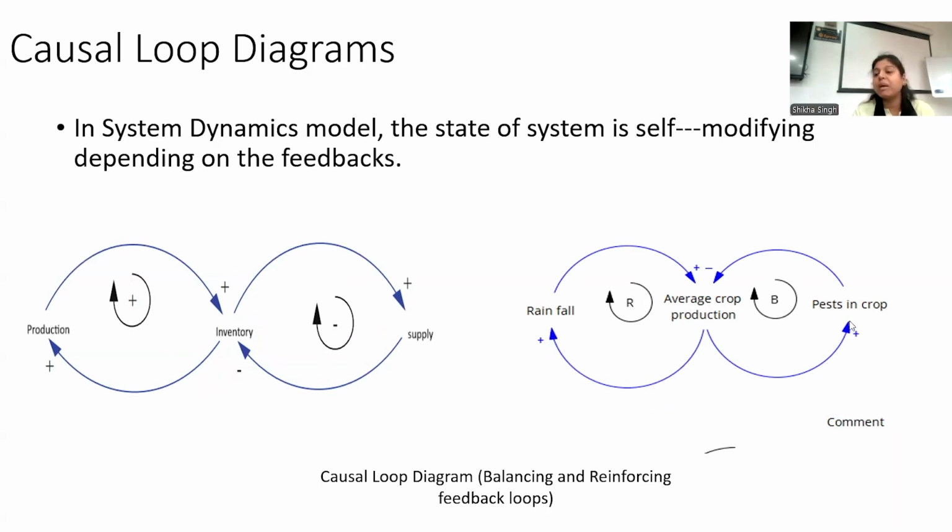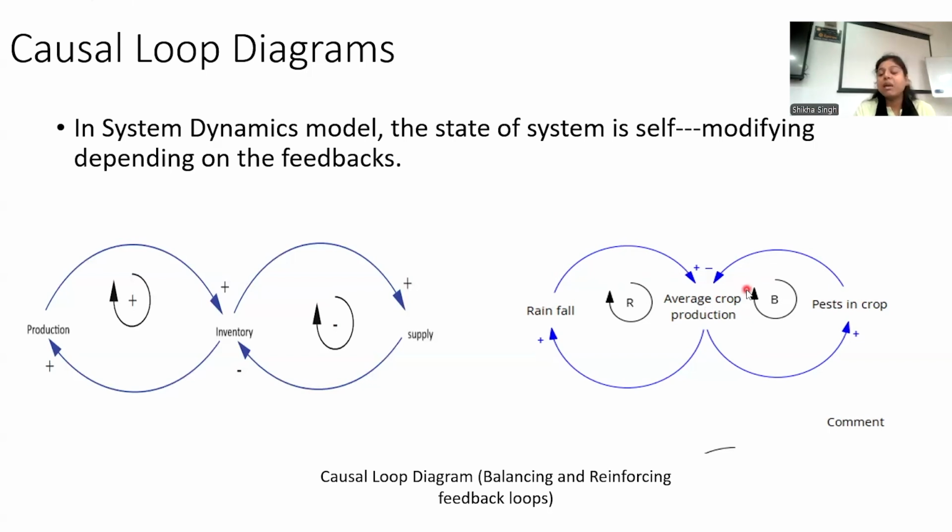And when there are more pests, it will be negatively impacting the average crop production. So here in this feedback loop, if you see, the target parameter is average crop production, and you see from one variable it is getting a positive impact, while at the same time the other variable is giving the negative impact, right?